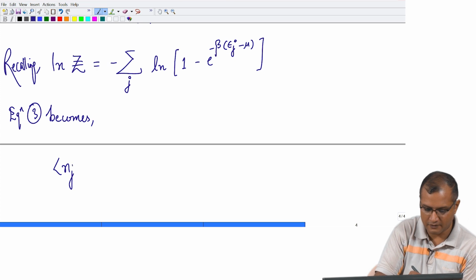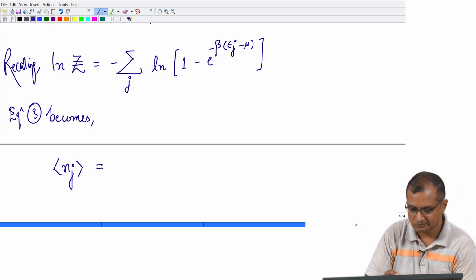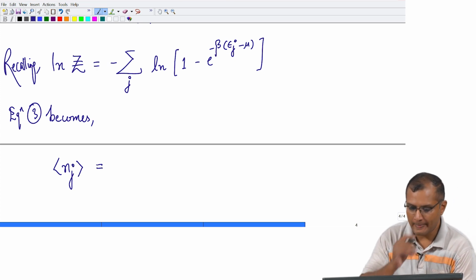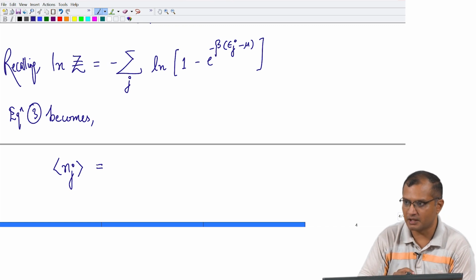I can write down n j as: only one term in this summation will contribute.